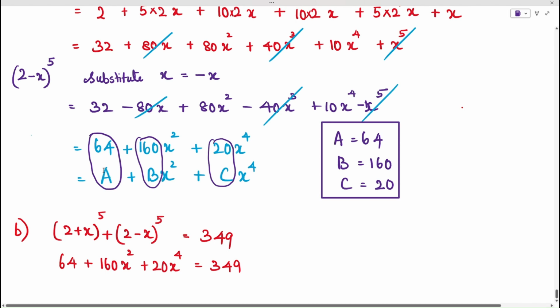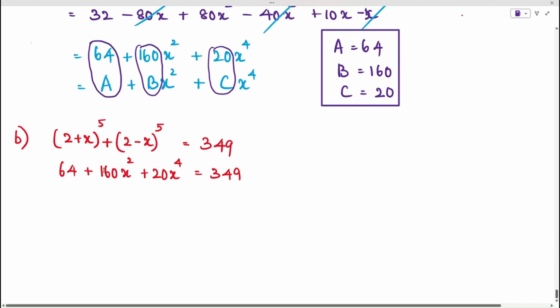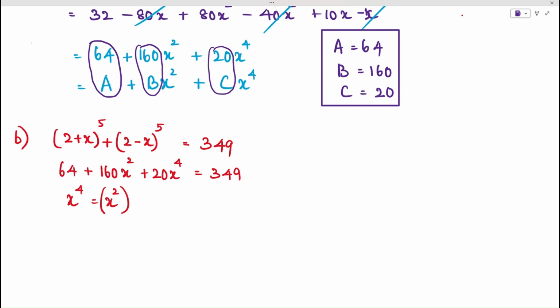So the question told us to take y as x squared. For all our x terms, we're going to replace it with powers of y. So x to the 4 is equal to x squared to the power of 2, and since x squared is equal to y, this is equal to y squared. And x squared, we can immediately substitute to y.